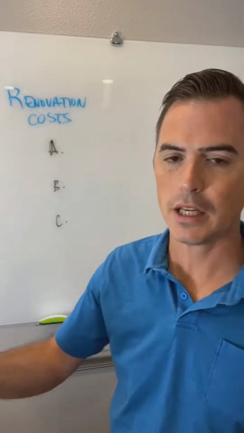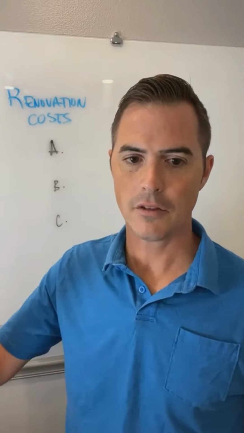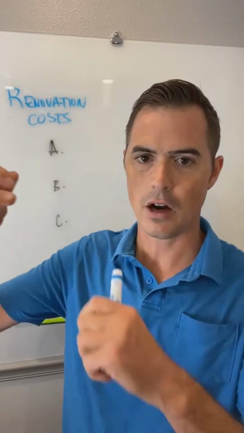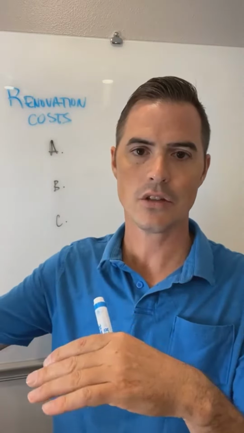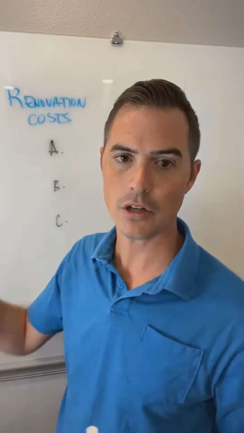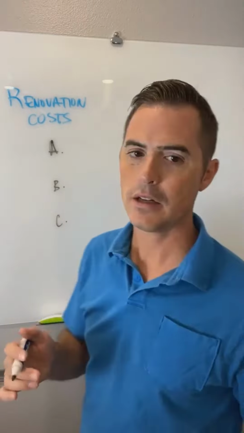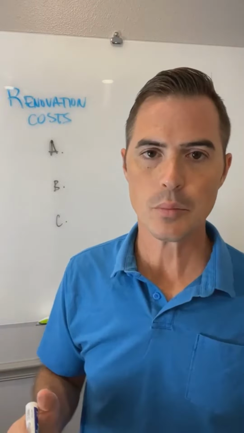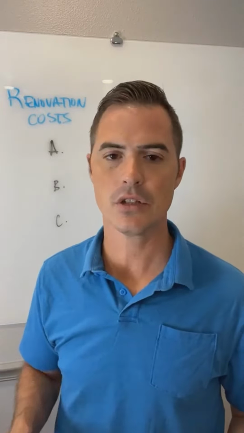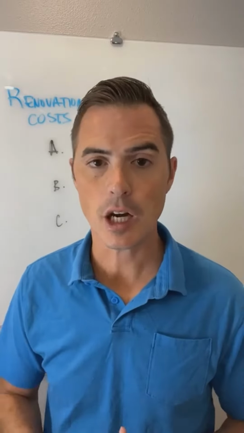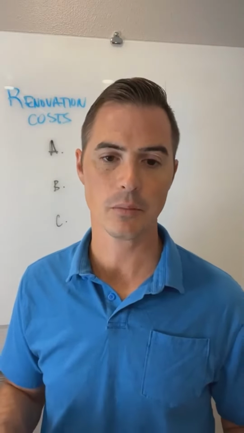So anytime you're looking at any property, start looking at it from the point of view of what's it going to cost me to fix this thing up, and automatically assess the property based on, is it an A, B, or C grade renovation? A grade, in my opinion, would be something that basically needs paint, right? It needs some cleanup. Obviously, every one of these properties is going to need some cleanup.